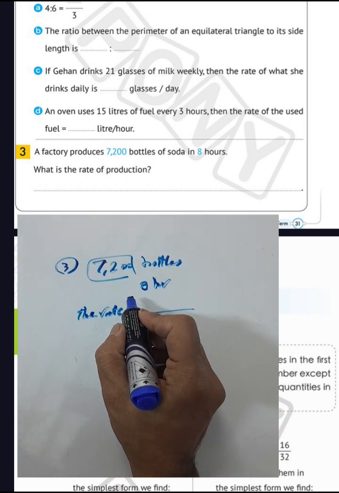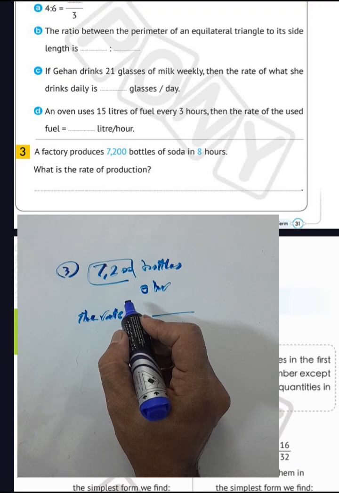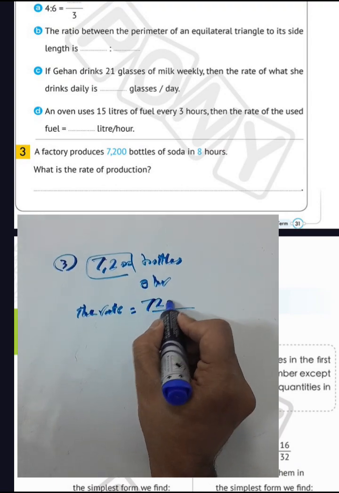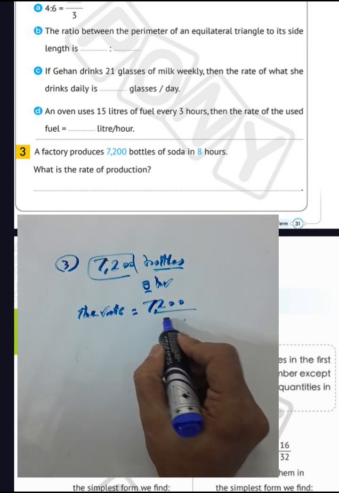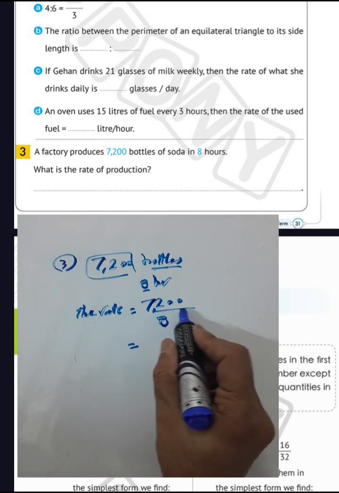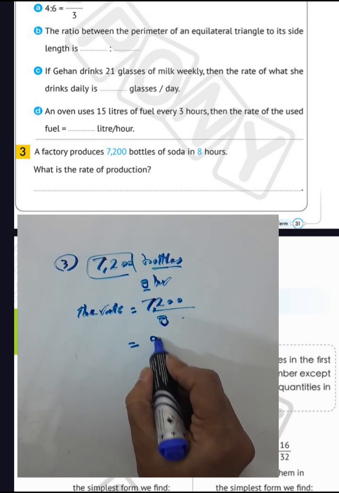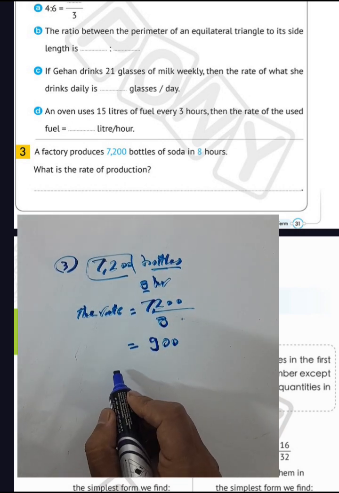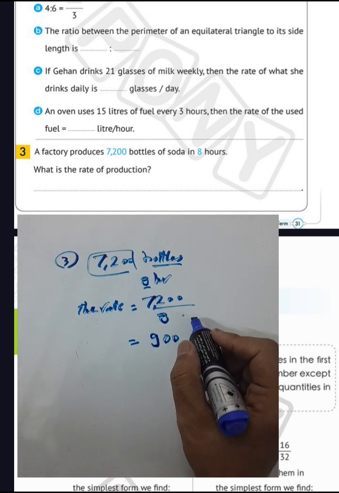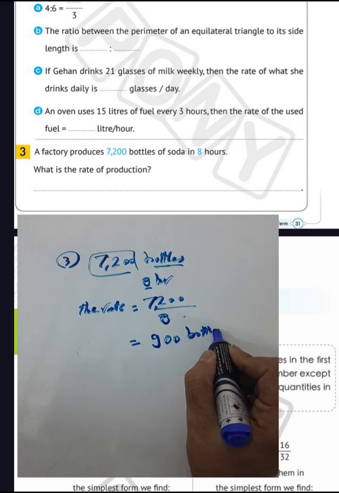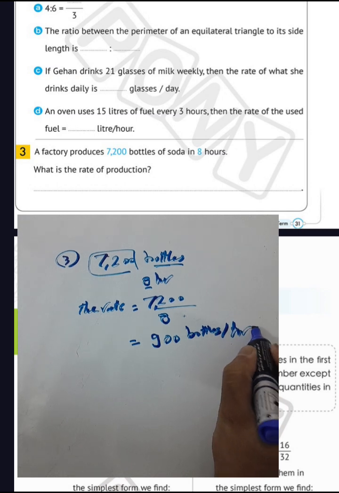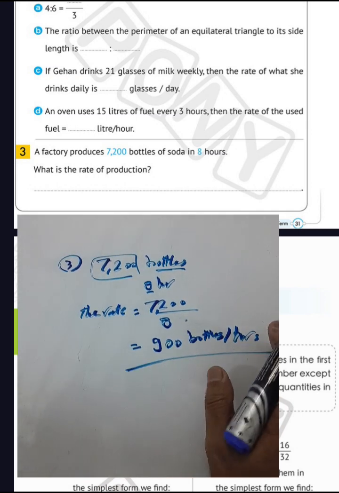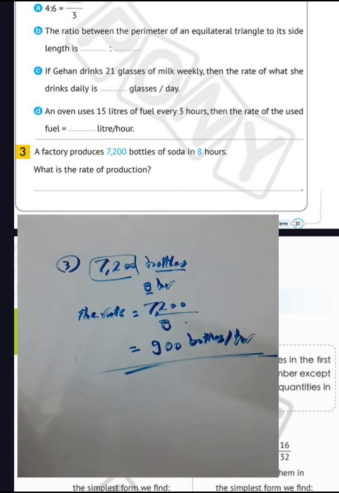The factory produces 7,200 bottles in 8 hours. Then you can find the rate. 7,200 divided by 8: 72 divided by 8 is 9, right? Plus double 0. Then we can write 900 bottles per hour. This is the result.